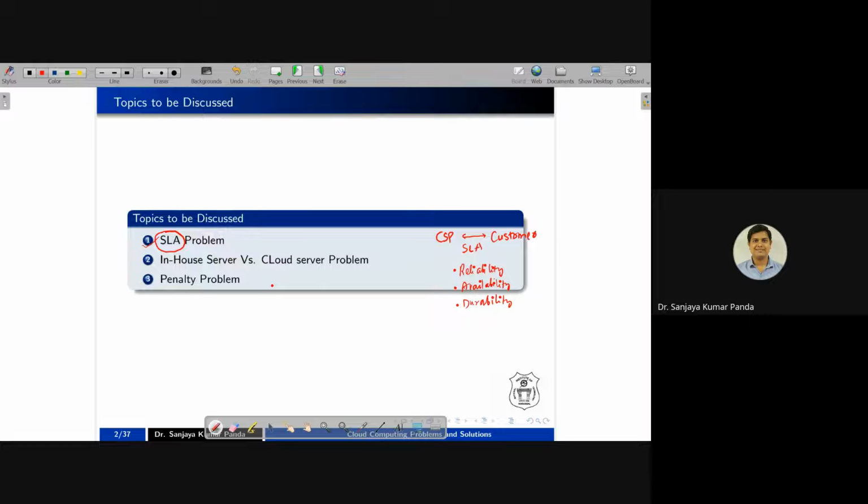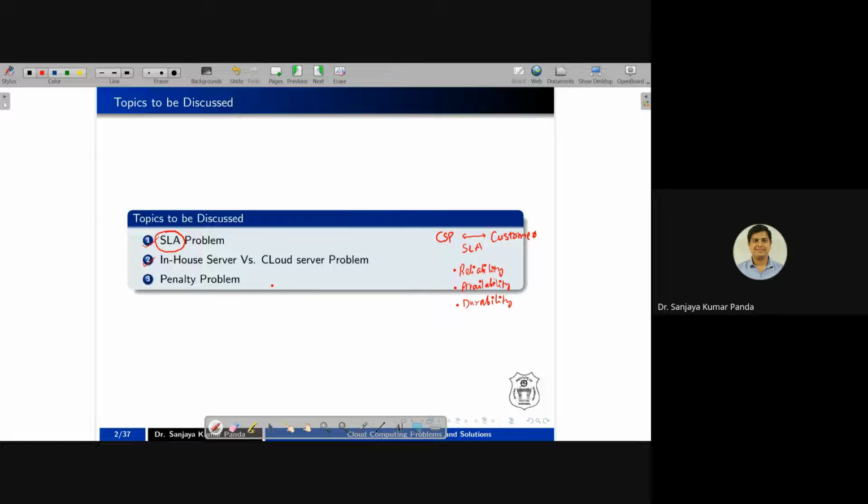So there are two estimates. That is option A, they will continue with in-house server. Option B, they will move to the cloud server. So if two rough estimates are given to you, how are you going to decide whether in-house server is better or cloud server is better? That is the second problem which we are going to discuss.